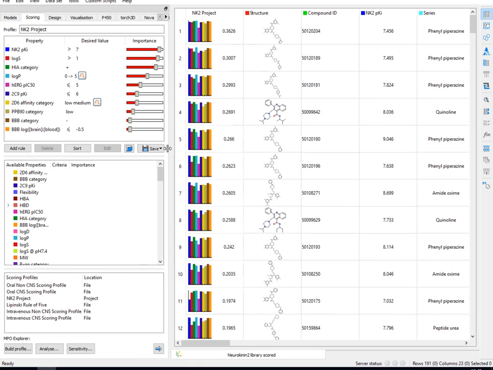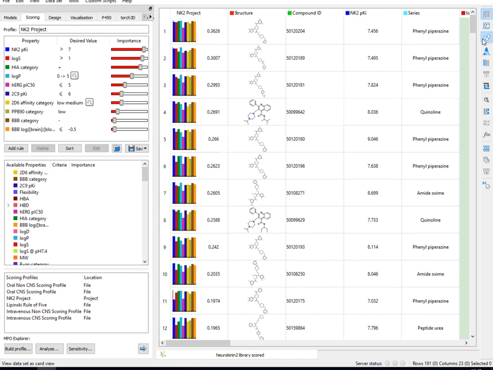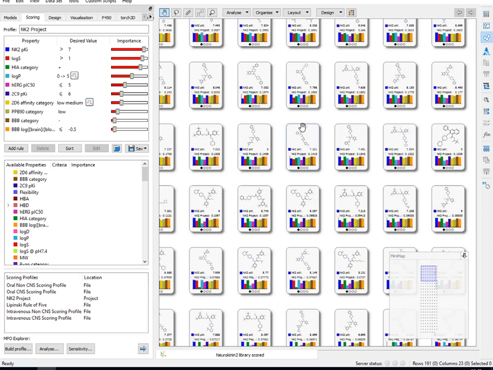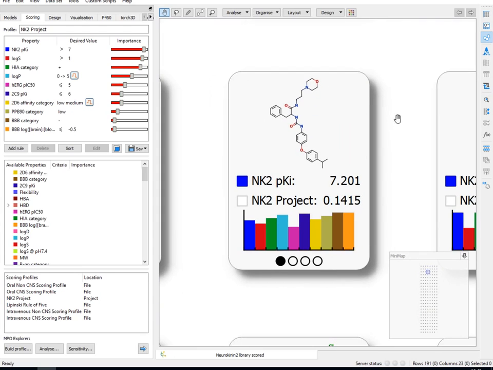So let's just look at this in a slightly different way. I'm just going to switch to something we call card view, where each compound here is represented by a card. So just to show you, here we have a structure of a compound on the card. Here is that primary activity, that measured value, and my multi-parameter score against this profile.